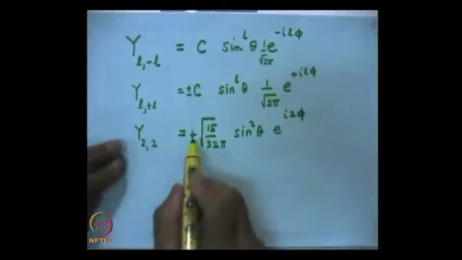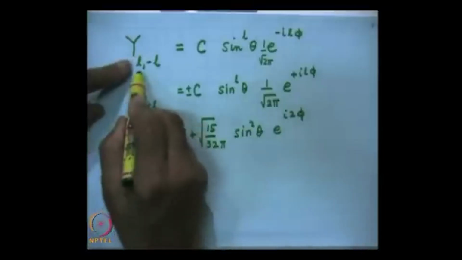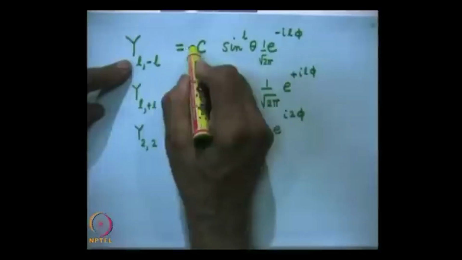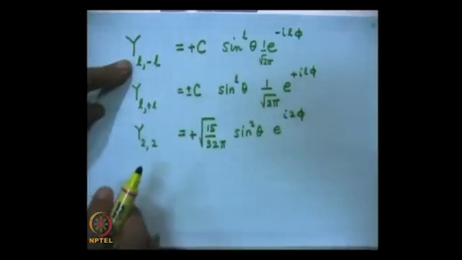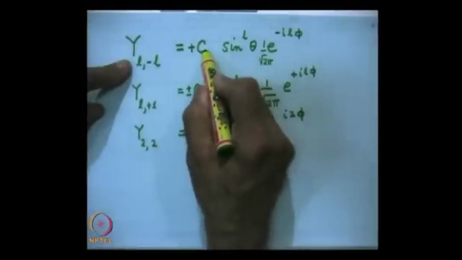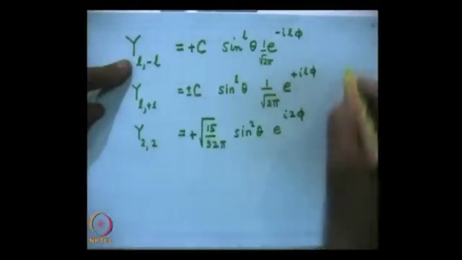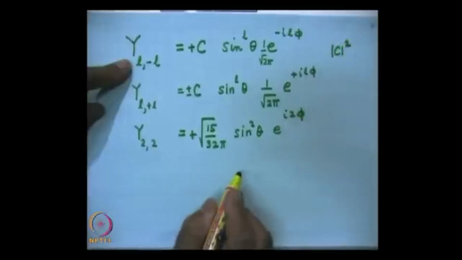So, why do I say that there has to be a plus sign here? Because we always choose a plus sign for Y L comma minus L, because when you calculate the normalization constant, you can either choose, because you calculate mod C square. So, it is always arbitrary within a phase factor.